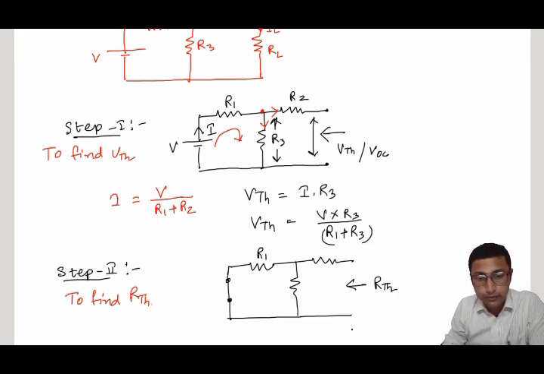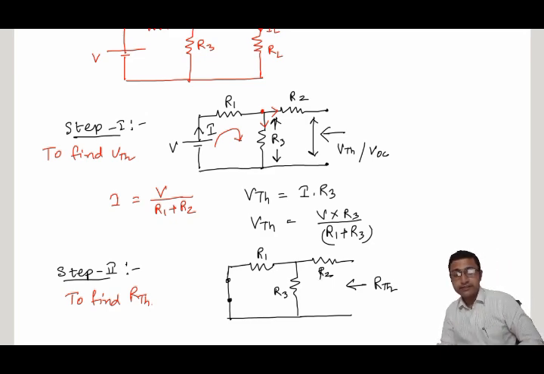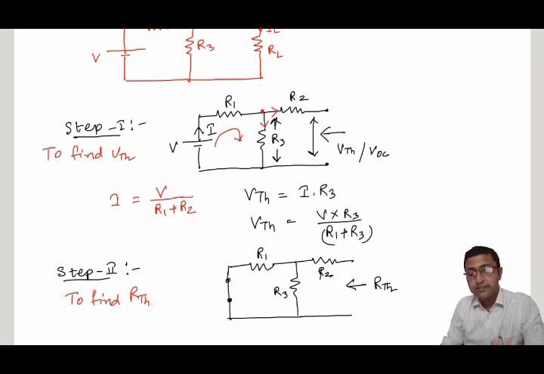So this is R1, this is R3 and this is R2. To measure the Thevenin equivalent resistance, we can imagine a fictitious voltage source across this open circuit terminal. The current flows from the voltage source through R2, and from this point it will divide, one part flowing through R1 and another through R3.